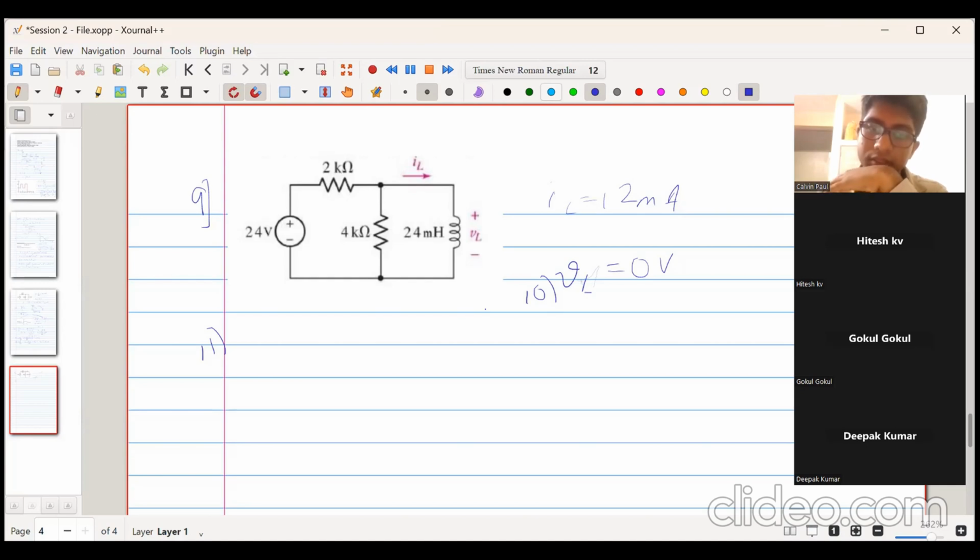Yes, one minute. Because the inductor acts as a short circuit, suppose this is I1, this is IL, and this is I. When the inductor is at steady state, it is in short circuit condition, so all the current I will flow through the inductor. This current I1 will be equal to 0.